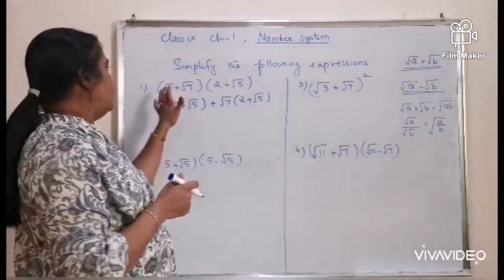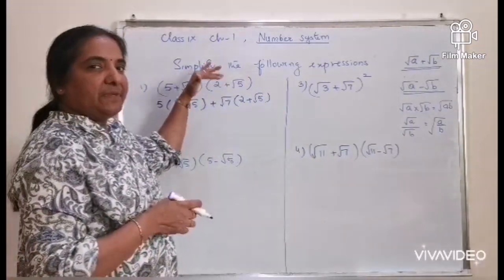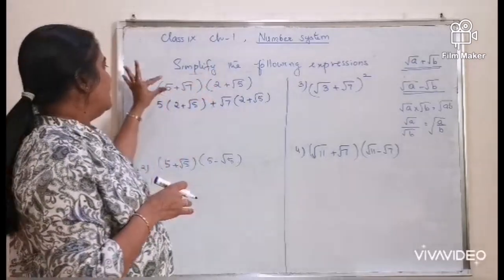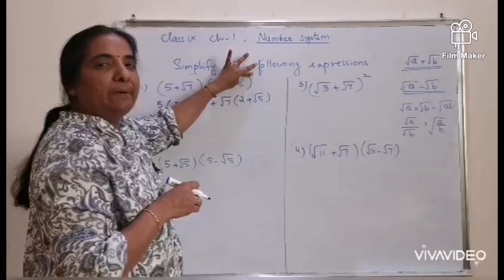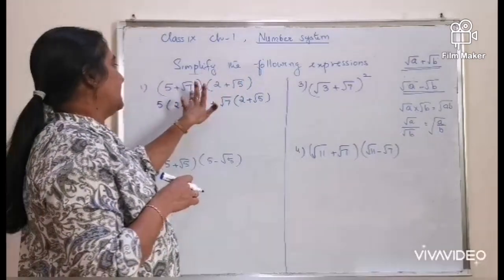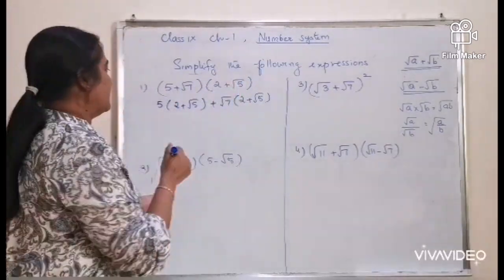You also can do it directly, but till you study thoroughly, first multiply the first number with the second by distributive law. The second number also you can do.